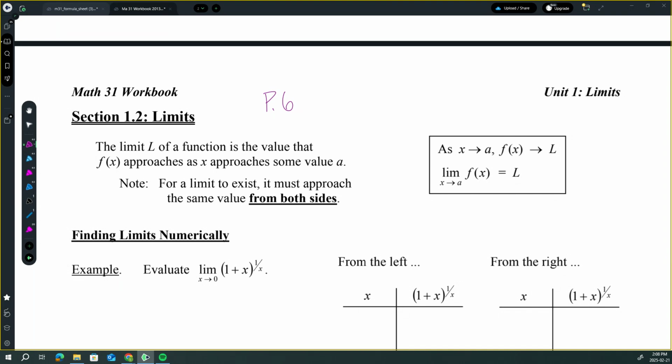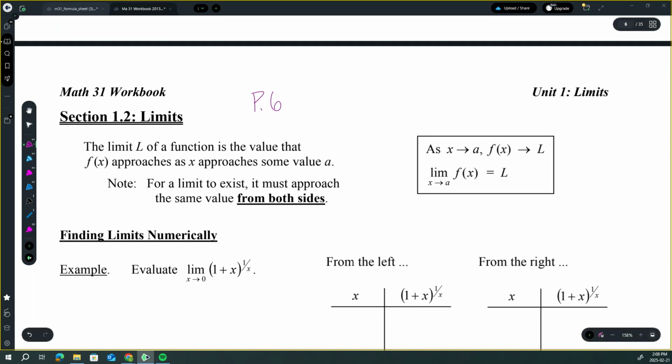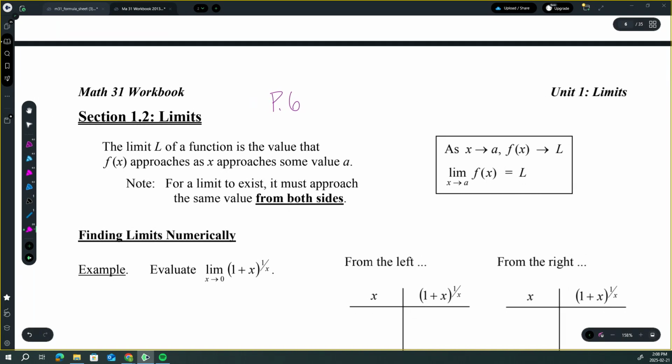Now, off to the side here, they've said it in a more extreme shorthand. But for a limit to exist, it's super important to know that it must approach the same value from both sides.